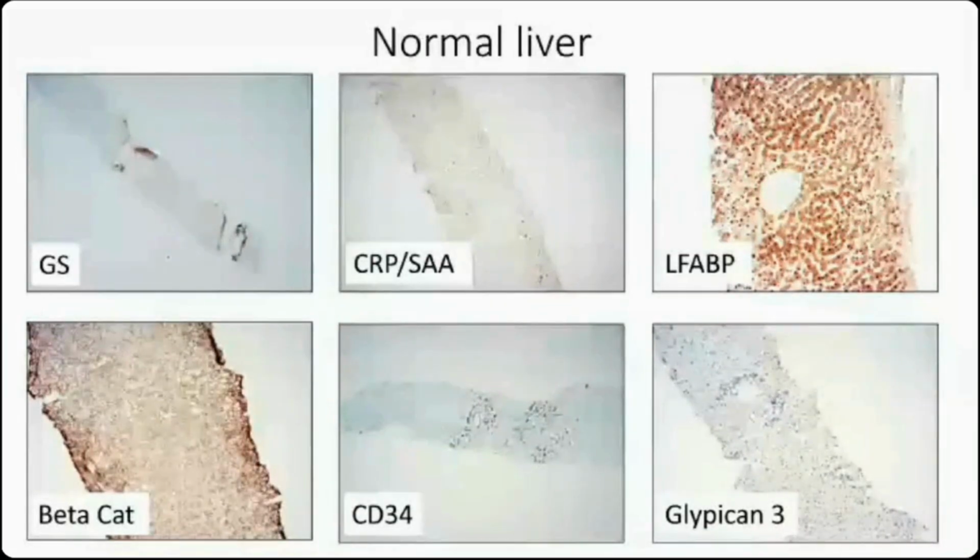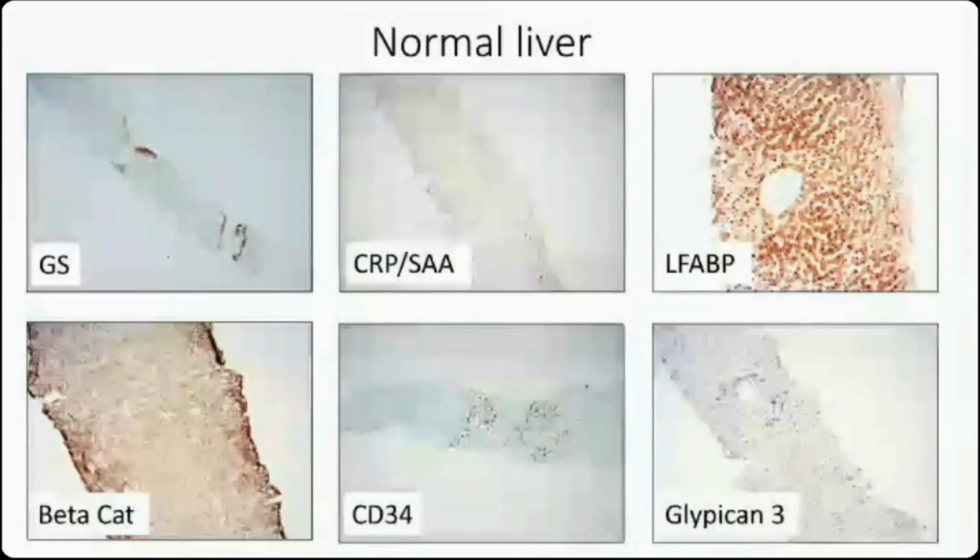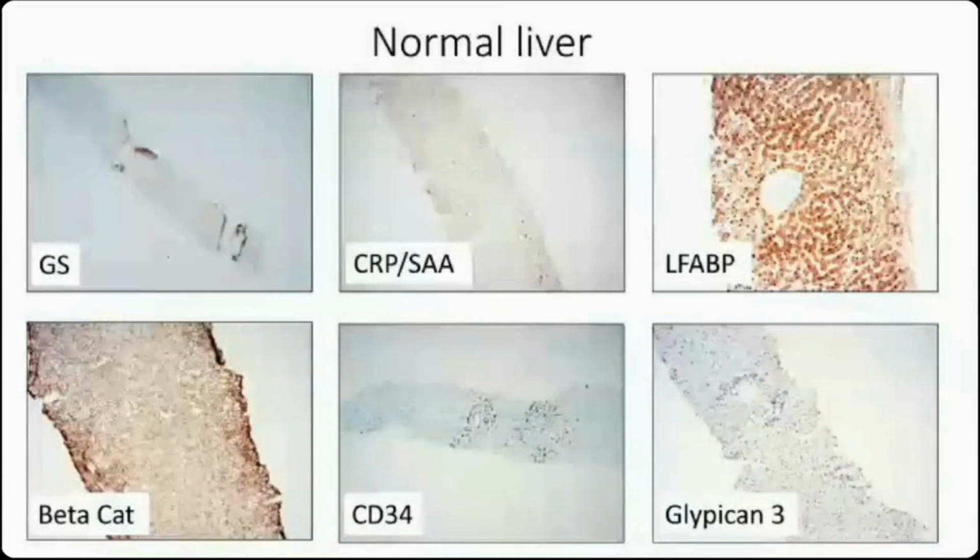Liver fatty acid binding protein is normal in background liver. Beta-catenin should show nice, crisp, membranous staining, but no nuclear staining. CD34 tends to highlight sinusoidal areas around portal tracts, and glypican-3 is negative. So that's the normal staining pattern in normal liver.